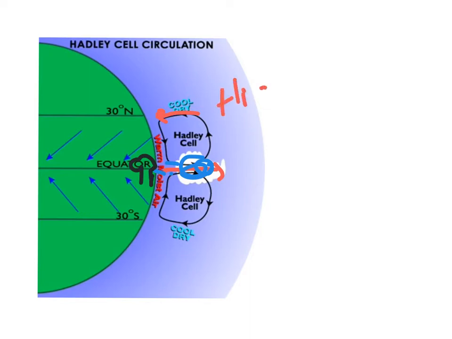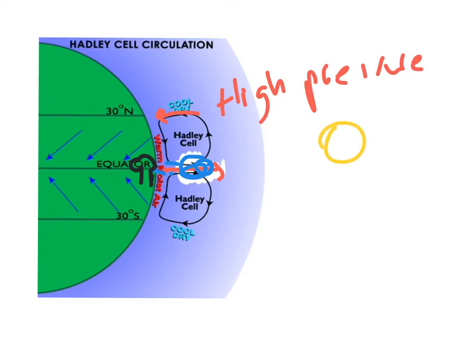And where there's a high pressure, the air is sinking, and as the air sinks it doesn't form clouds, and that means that it is dry. Also, if there are no clouds, then the sun's rays hit directly onto the surface of the land, which is why deserts are hot, because they are at a low latitude.